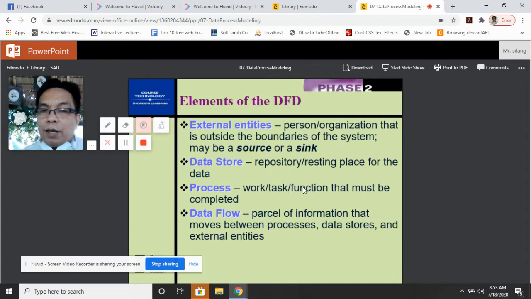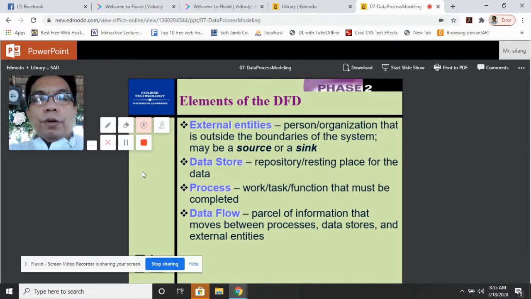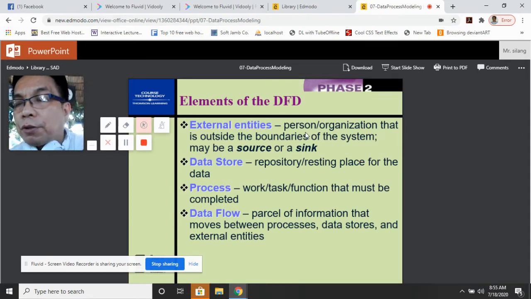So for us to be able to understand the diagram, let us now discuss the elements of the data flow diagram. So again, we have external entities. An external entity can be a person or organization that is outside the boundaries of the system. It can be a source or a sink.